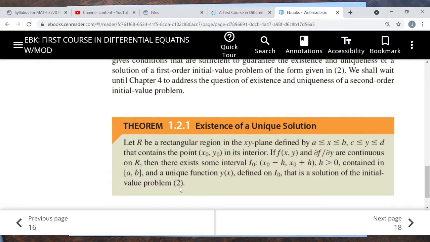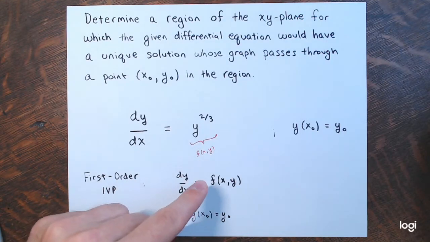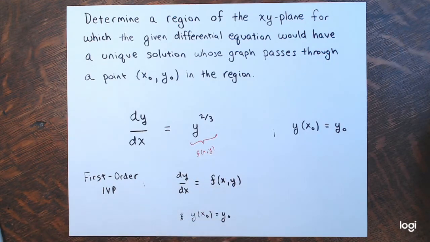Now they say 2 here. What I drew on my paper was this initial value problem 2 that they're talking about. That's initial value problem form 2 that's being talked about in that theorem.